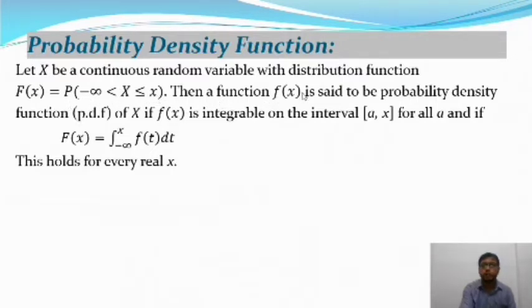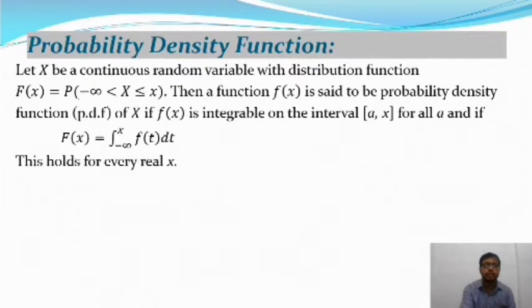Then the function small f(x) is said to be the probability density function, or PDF in short, of X if f is integrable on the interval a to x, where x is a variable, for all values of a, and if F(x) is equal to the integral from minus infinity to x of f(t) dt.